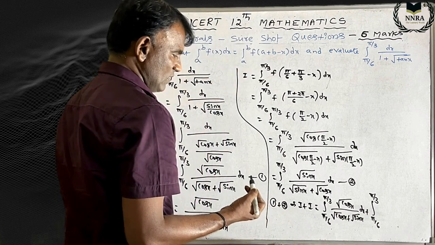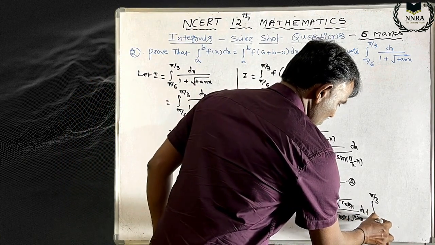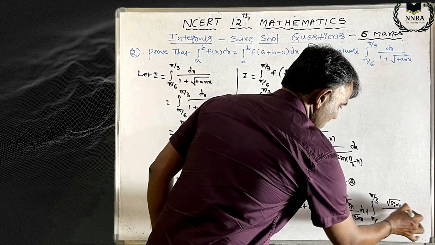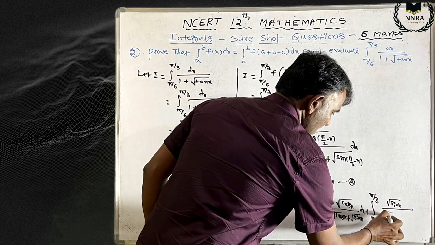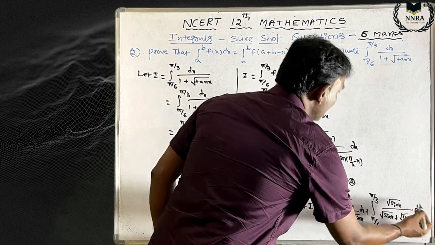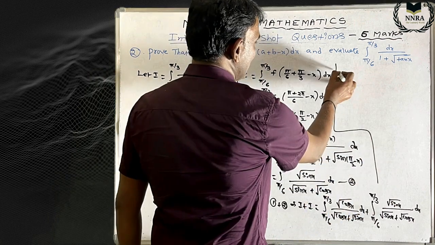Okay. Now what is numerator? So here this is second equation, na? So root of sin x. Denominator root of sin x plus root of cos x. Then dx. And now how to write this one? So here I plus I is 2i.